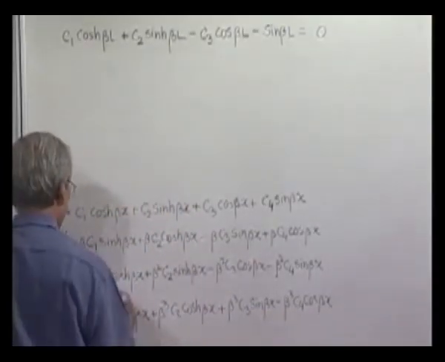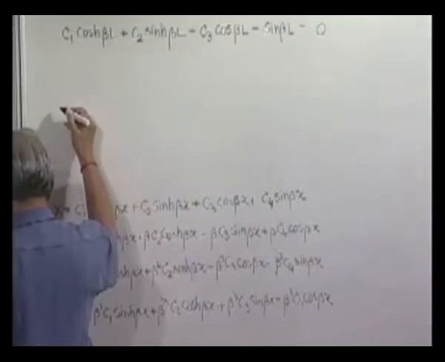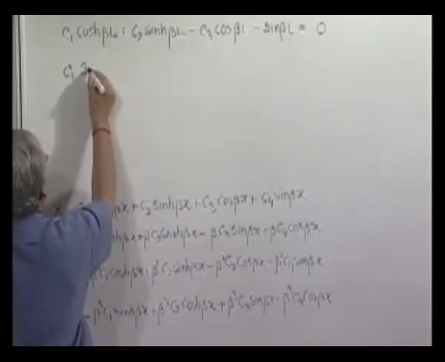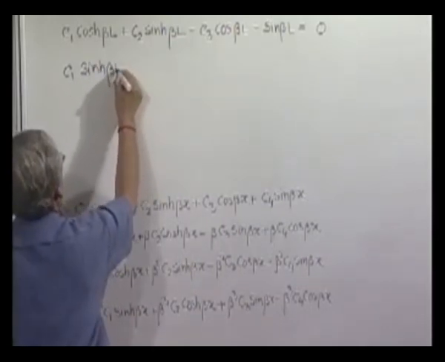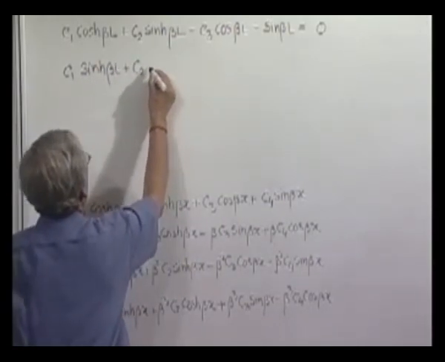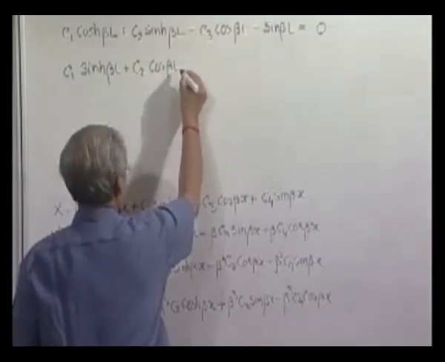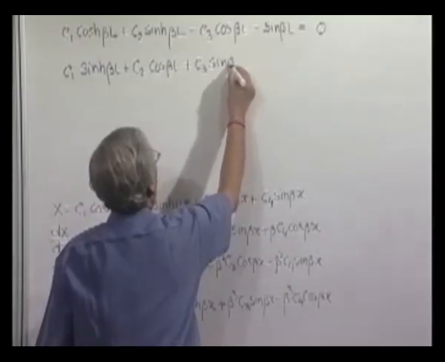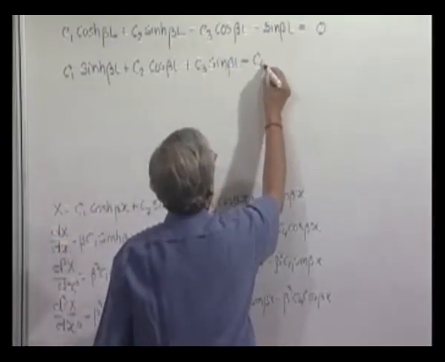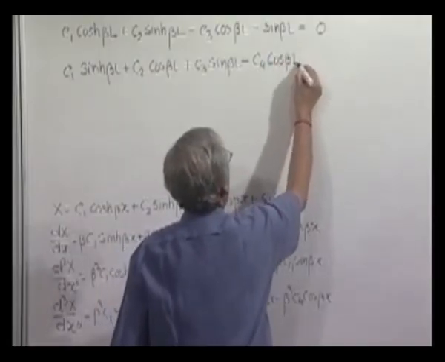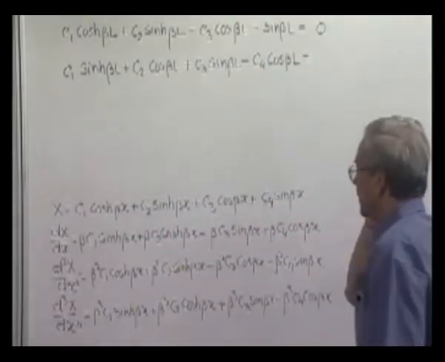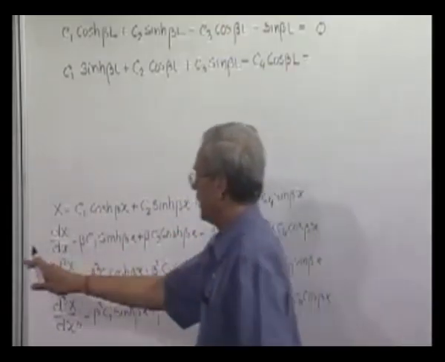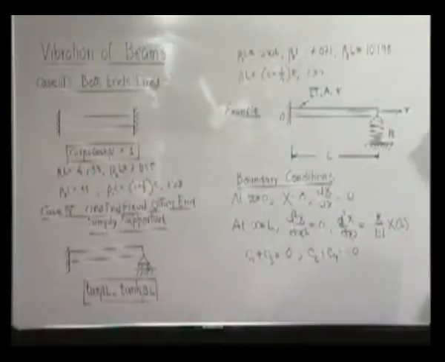At x is equal to L, what we get? We get C1, and this is equal to the value of x at small x is equal to L into k divided by EI, and that beta cube which we take common this side.